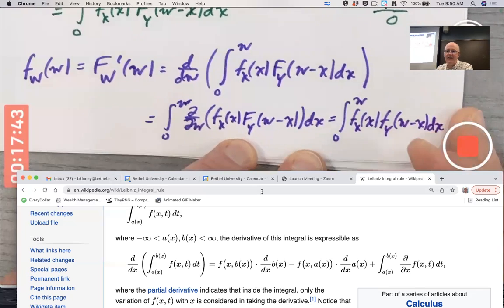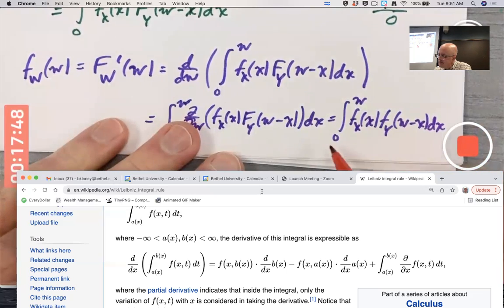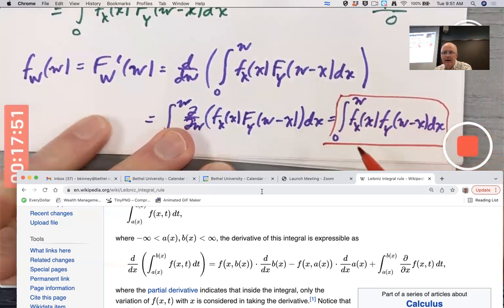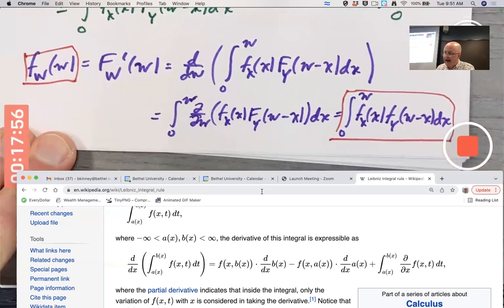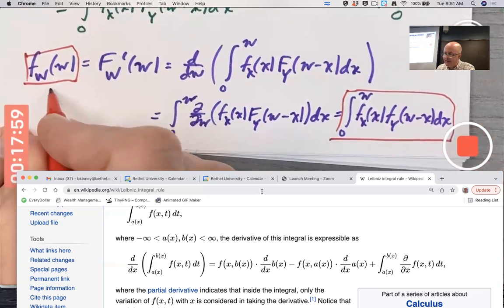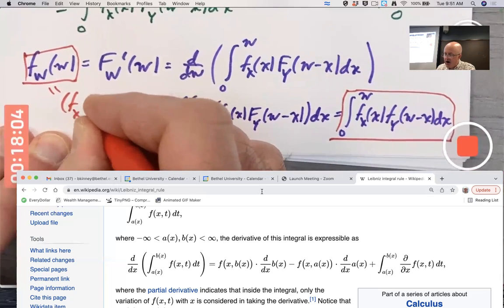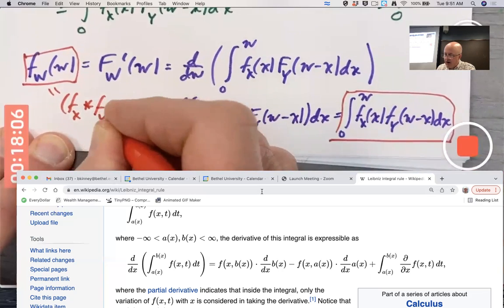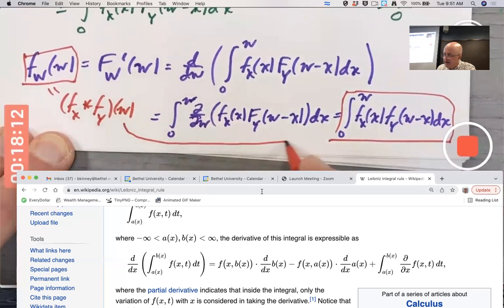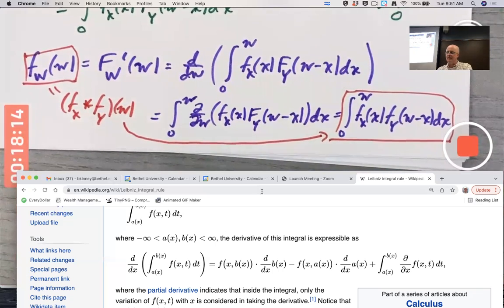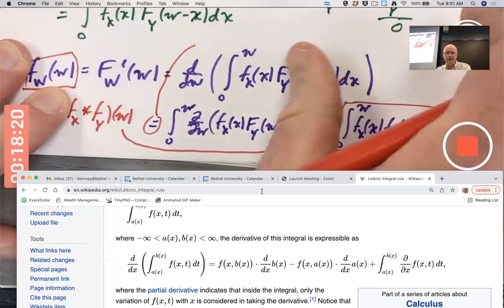And that thing right there, that's the convolution formula in this situation. It is the PDF of capital W. And I could also write it as F sub X star F sub Y of W. And again, in this spot right here, we use the Leibniz integral rule.